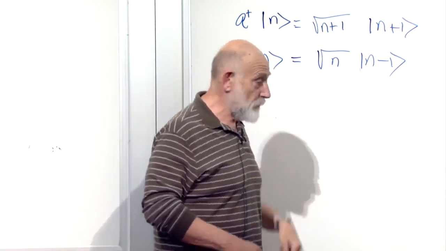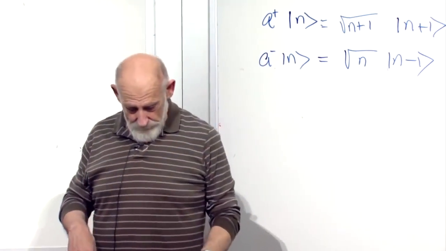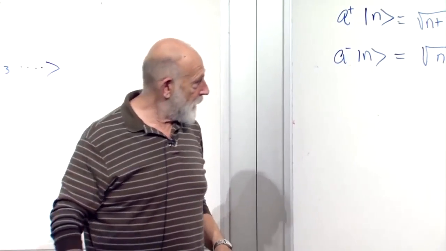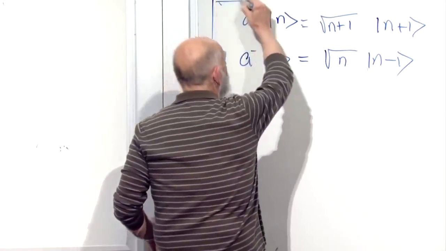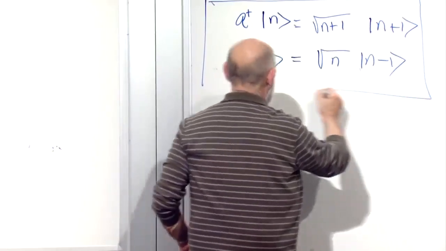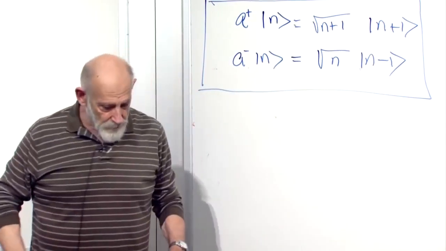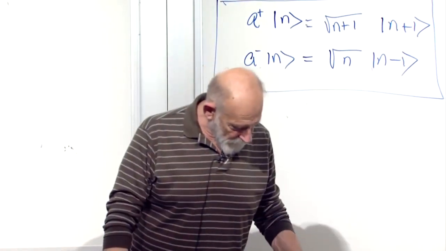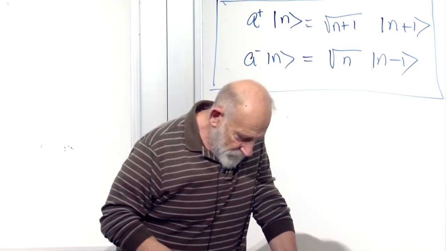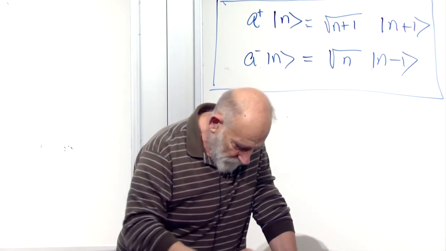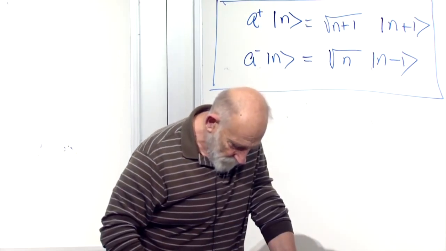That's just the square root of n here. So this is more oscillator stuff that I assume Dirac was responsible for. And now we know, I think, everything we need to know about harmonic oscillators, at least for the moment.